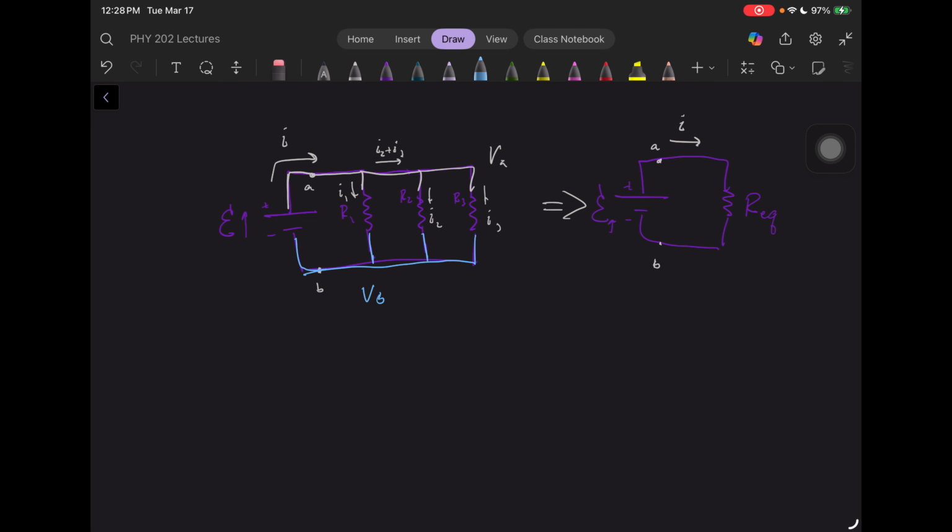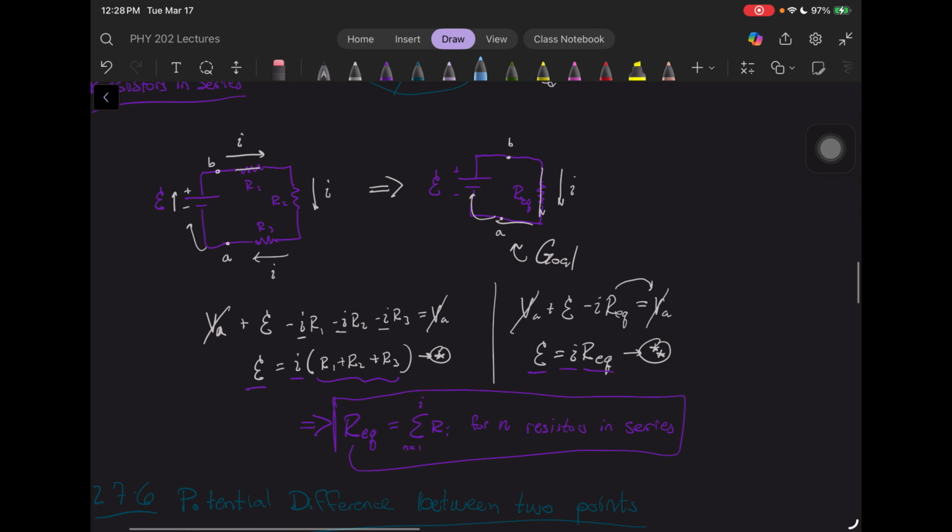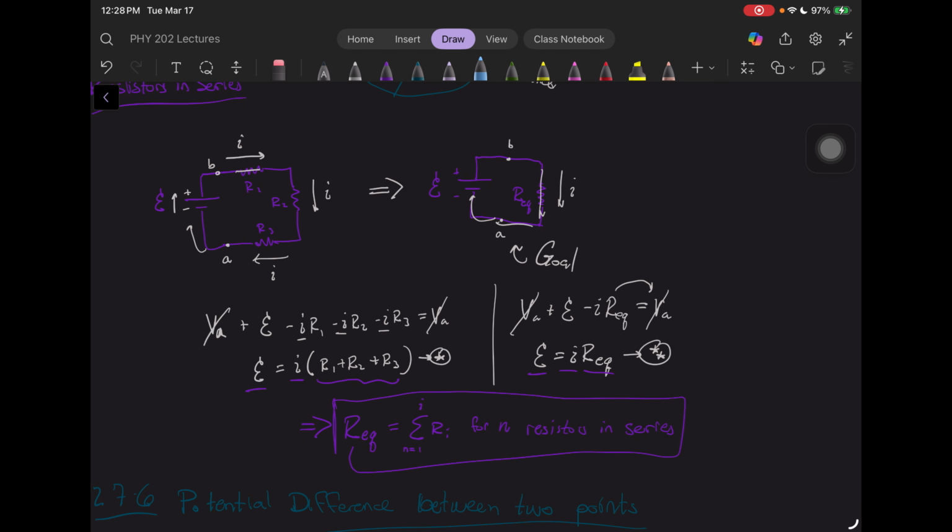And so what that tells us is if we were to have some delta V1, delta V2, delta V3, then E is equal to delta V1, is equal to delta V2, is equal to delta V3. Versus when we had resistors in series, you could find some delta V1, delta V2, delta V3 that all depend on the individual resistances.